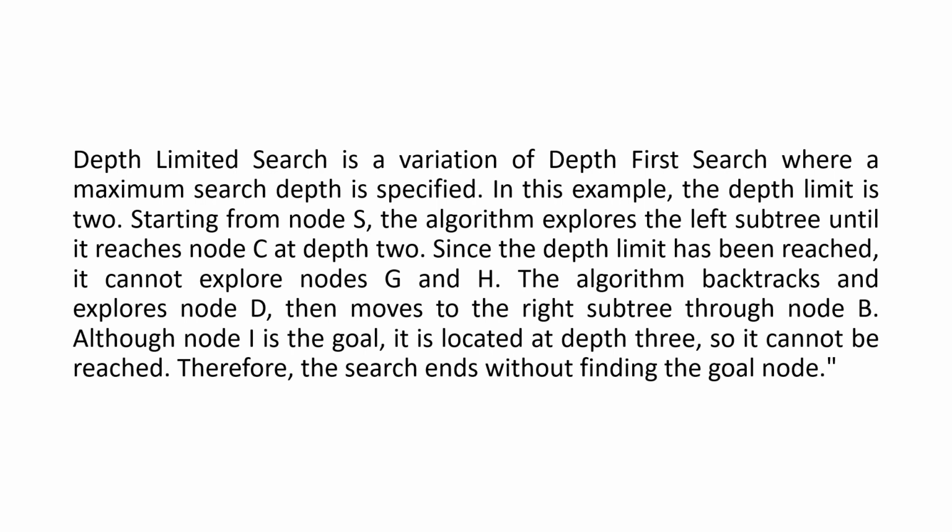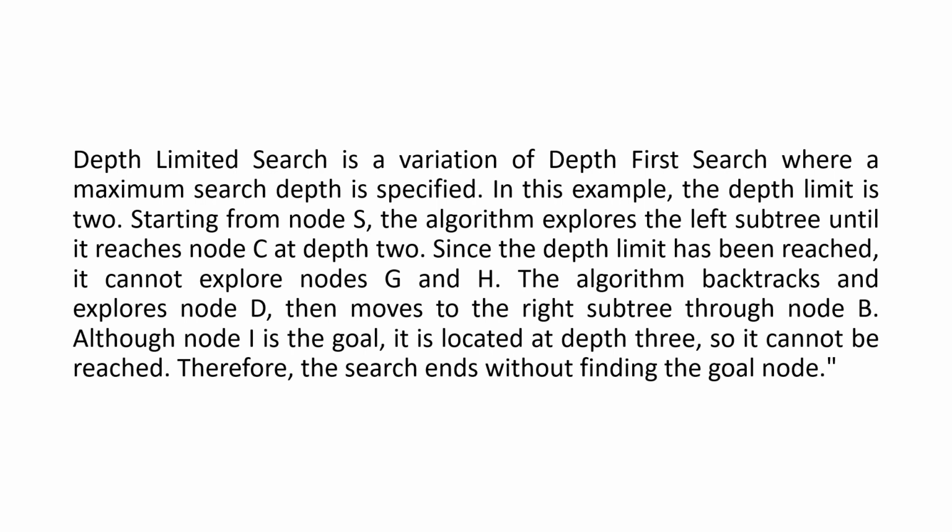So we cannot see the upcoming nodes. The algorithm also backtracks and explores nodes until it reaches the goal state. It has the right subtree connected with B, and I as the goal node here. Depth 3 would be needed to reach it, and we have to find the final goal, but we cannot find the goal node. That is the reason.